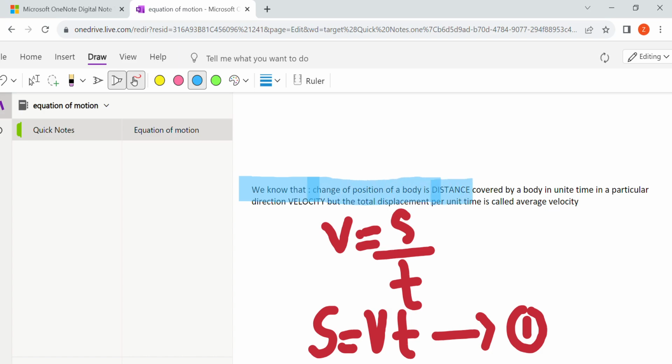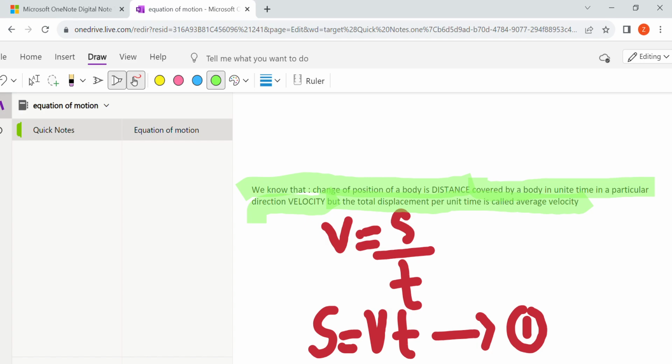The distance covered by a body in a unit time in a particular direction is known as velocity. But the total displacement per time is known as average velocity. Please learn these, they are very important. I would advise you to learn these.